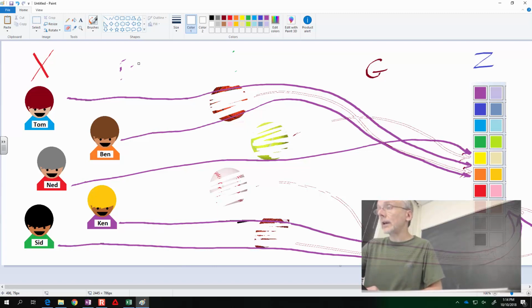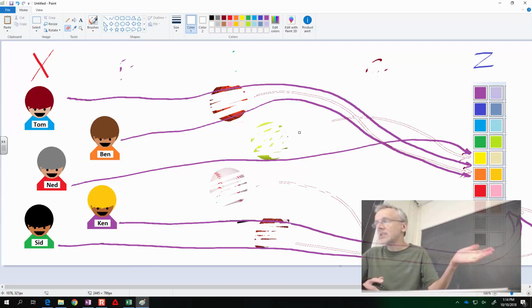It's not f, and it's not g. It's the combination known as the composition. So arrows start at set X and end at set Z, and that is all it takes for us to have a function.